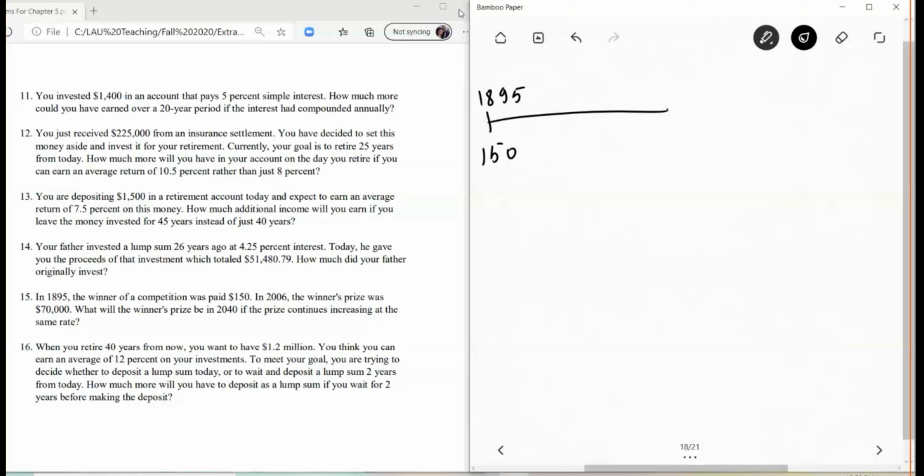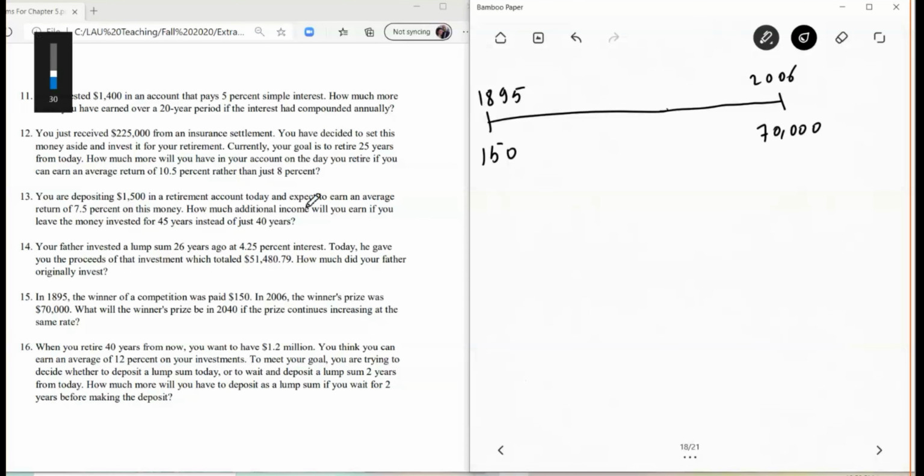So after 111 years, this is year 2006, that same prize was now $70,000. What will the winner's prize be in 2040 if the prize continues increasing at the same rate?